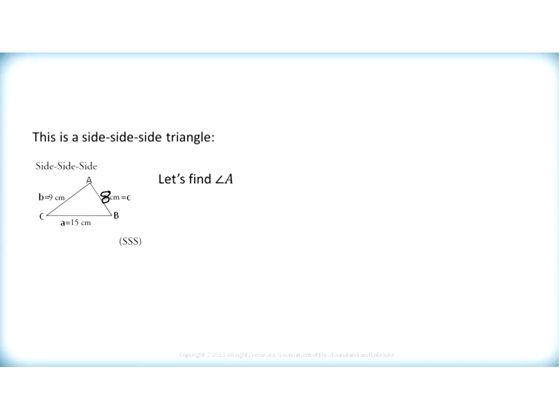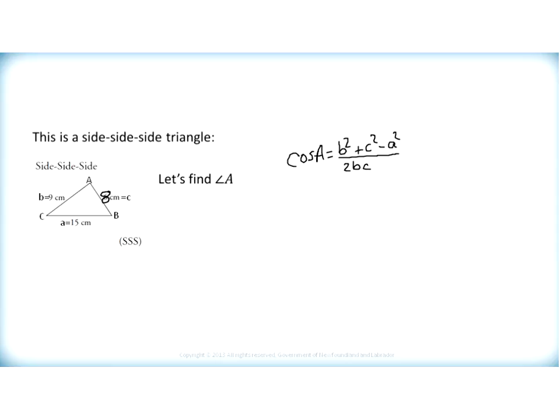So to find angle A, I'm going to have to write the cosine law in a form where I can find angle A. So that means I'm going to write cos of A is equal to b squared plus c squared minus a squared, all divided by 2bc. So I know what little a is, I know what little b is, and I know what little c is.